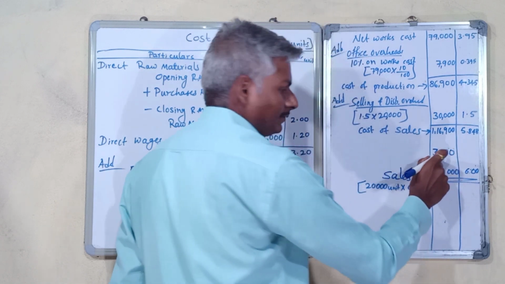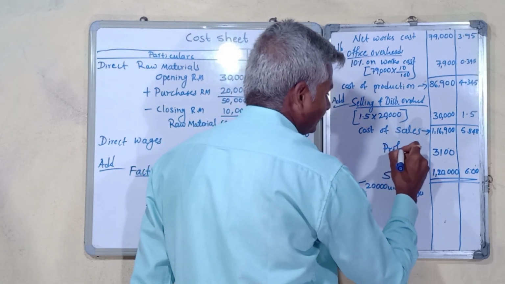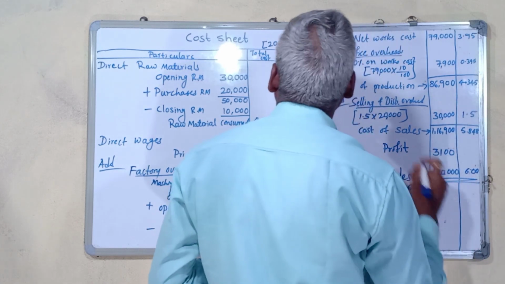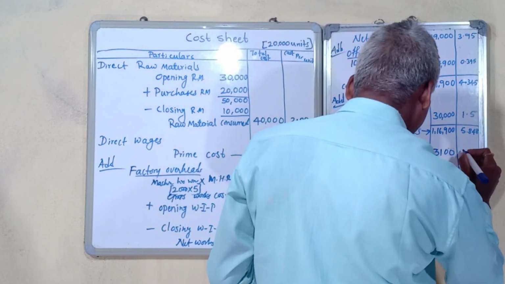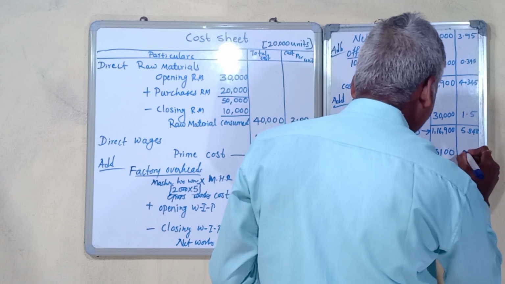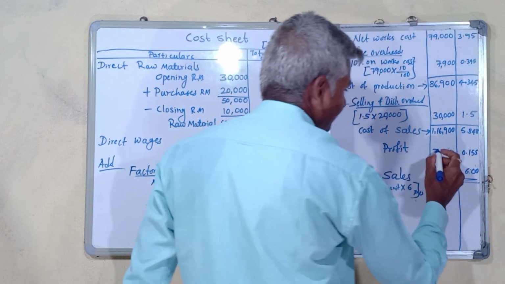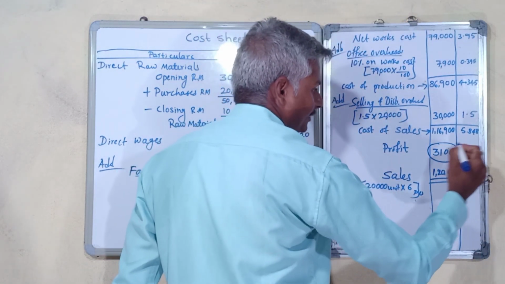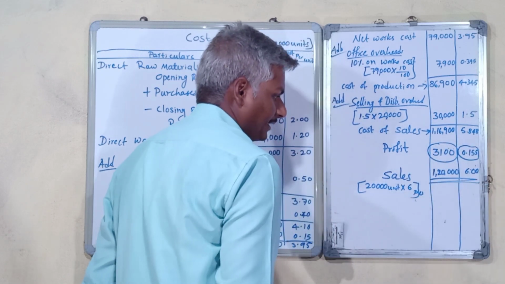If it is positive, we have profit. 3,100 divided by 20,000 units, that is profit per unit, is 0.155. This is profit per unit. This is total profit for the period.